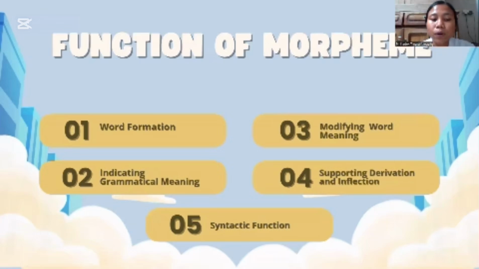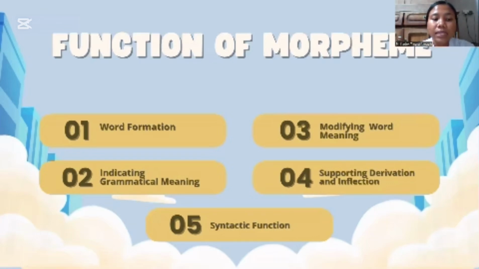Morphemes also serve to categorize words, such as prefixes, for example the prefix anti, which indicates negation, and also prefixes that indicate the negative.